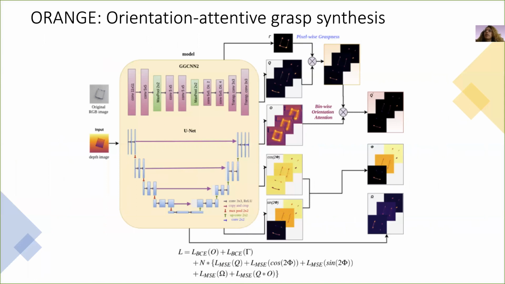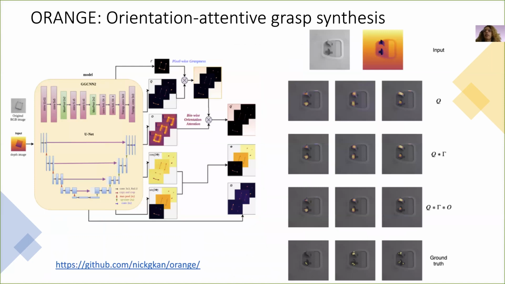For the grasp synthesis problem, we propose ORANGE, an orientation-attentive grasp synthesis framework that is model agnostic and can be combined with any CNN-based model that is able to provide the segmentation. In this work, we combine ORANGE with GGCNN from Morrison et al. and UNet that are both capable of performing segmentation, and we will prove that both of these networks perform better under the ORANGE framework.